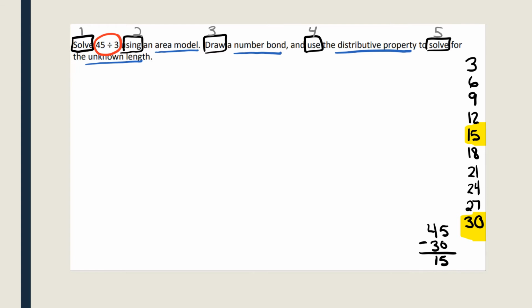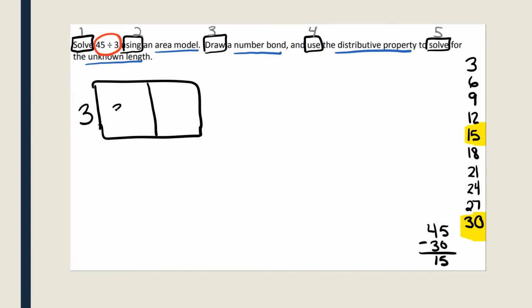So I'm ready for my area model. I'm going to draw my area model, split it into 2 boxes just like we saw before. My divisor always goes on the outside, and I'm going to put my 2 new numbers that I highlighted inside my boxes. So now I'm looking for a missing number to go on top, and as our area formula tells us, length times width equals area.